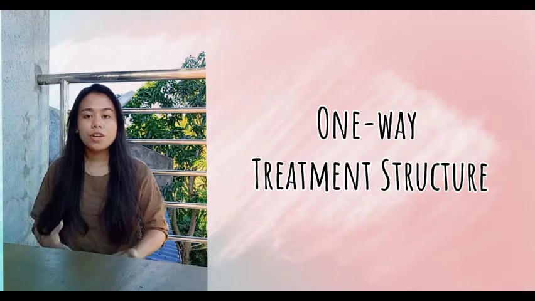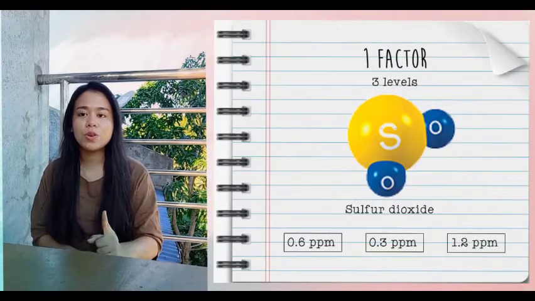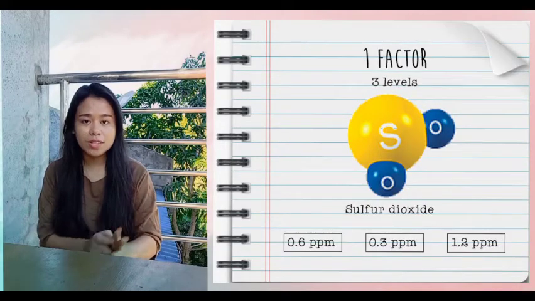In this case, this is called the one-way treatment structure. Kaya nga, di ba, ang one-way treatment structure is comprised of levels pero sa single nga factor. Here we have a single factor which is the sulfur dioxide.